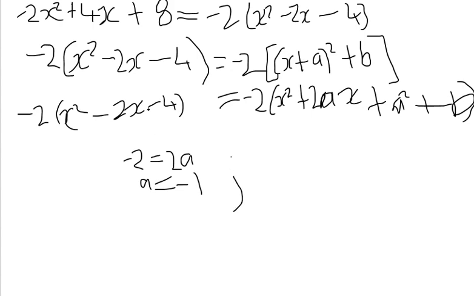We see that on the left hand side the constant is -4, and our constants here are a squared plus b.